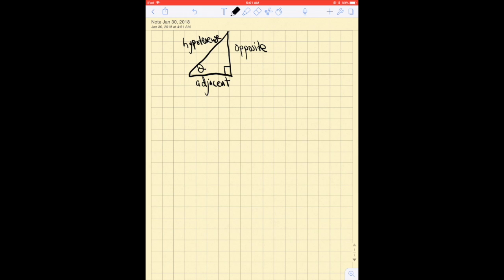And so we came up with the trig functions, sine, cosine, and tangent of theta, and their inverse functions.